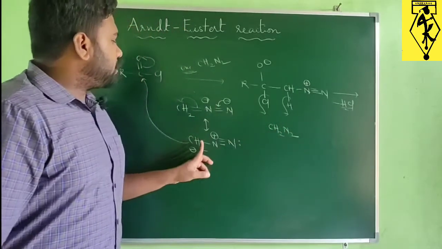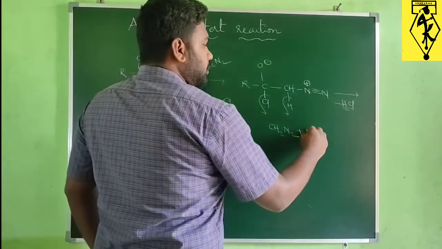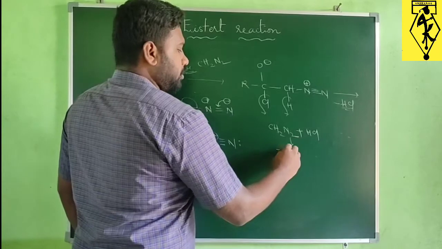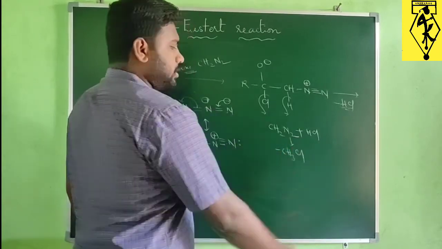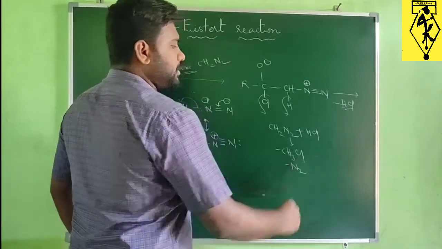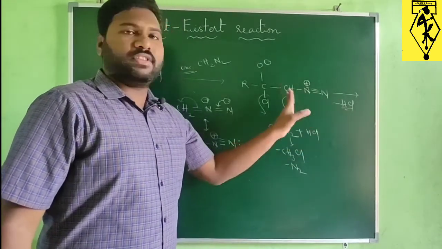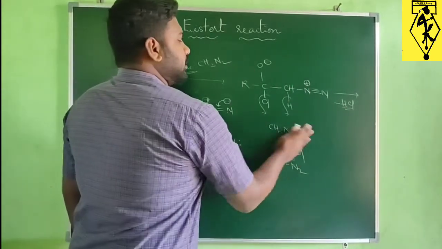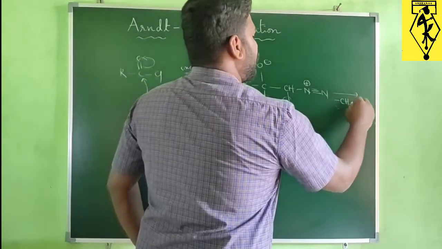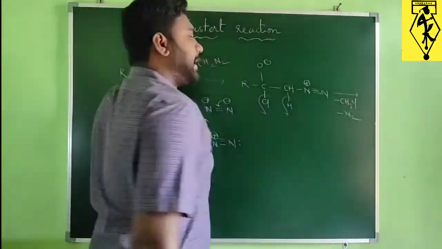Here 1 mole is consumed, and the other mole will react with HCl to give chloroform and a nitrogen molecule. So this HCl will not react back with that substance.